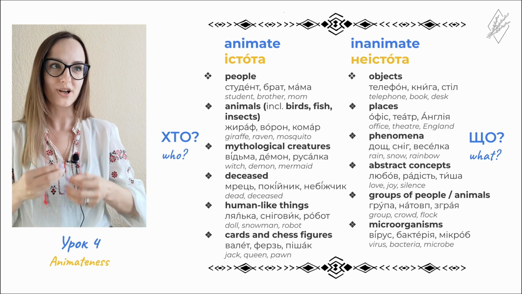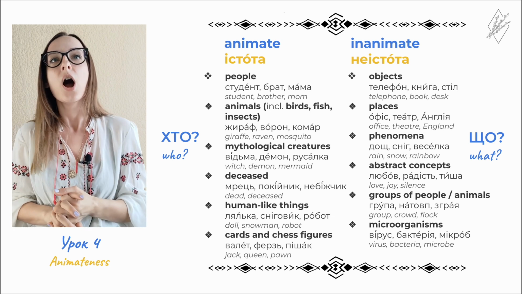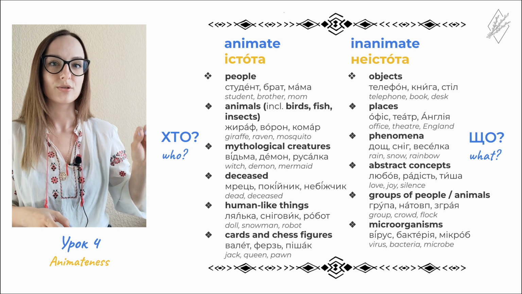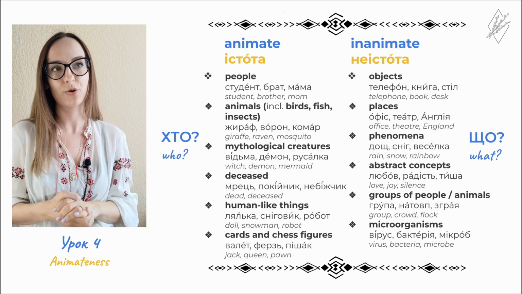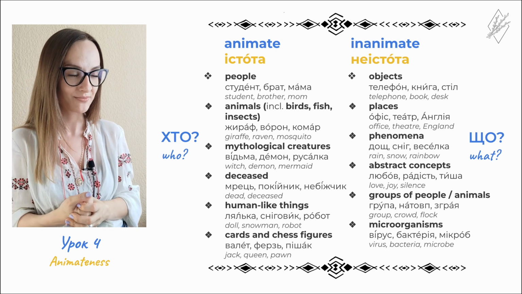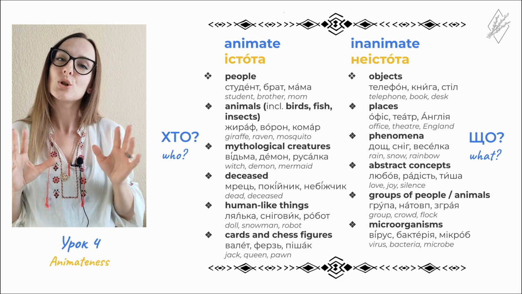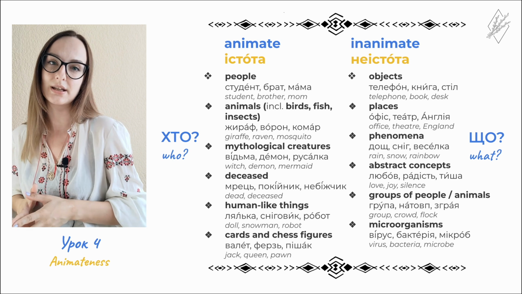In order to ask this question, you need to know if this word is animate or inanimate. Also, it will be very important when you will learn the Ukrainian case system and when you will speak about, for example, accusative case. We will talk about it a little bit on the next lesson, by the way, already. So, for this, you need to know which nouns are animate, which are inanimate.